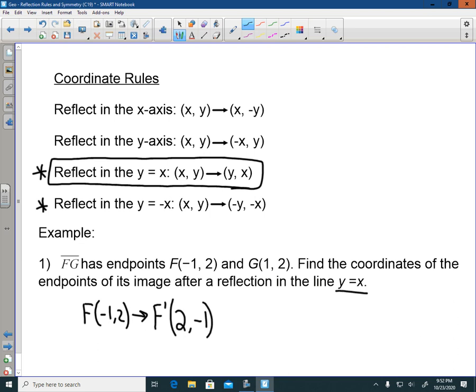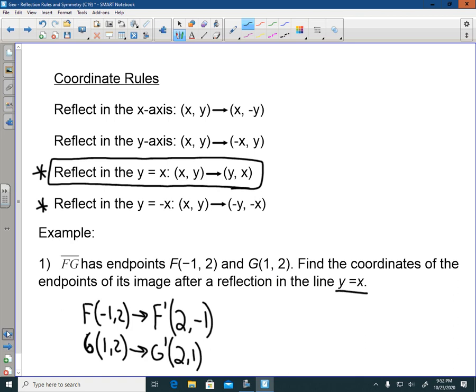And now we can do the same thing with G. G lives at 1, 2. And so to run it through the rule to get G prime, we just flip those values. 2, 1. It's magical.